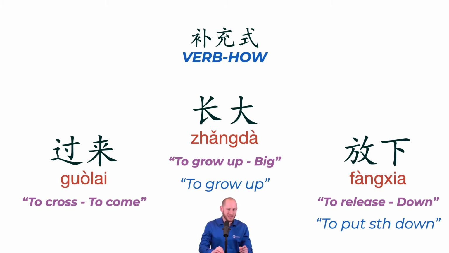Now, there's a lot of different directional complements in Chinese. 过来 or 过去, 上来上去, 下来下去. These all mean variations of come over, go up, come up, go down, come down. And really, the 来 and 去 in these are results.